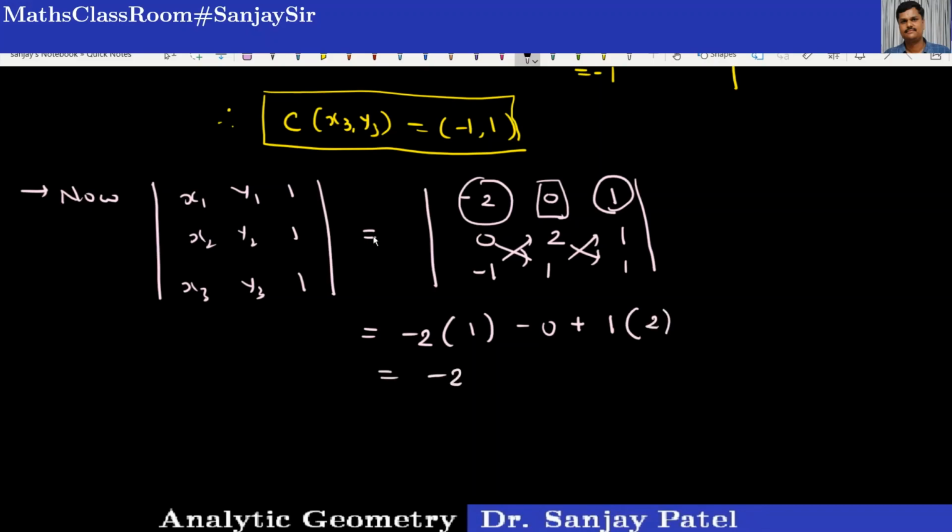So this is equal to minus 2 plus 2, which is equal to 0. So we have checked that the determinant of these 3 points is 0, and therefore the 3 points A, B and C are collinear points.